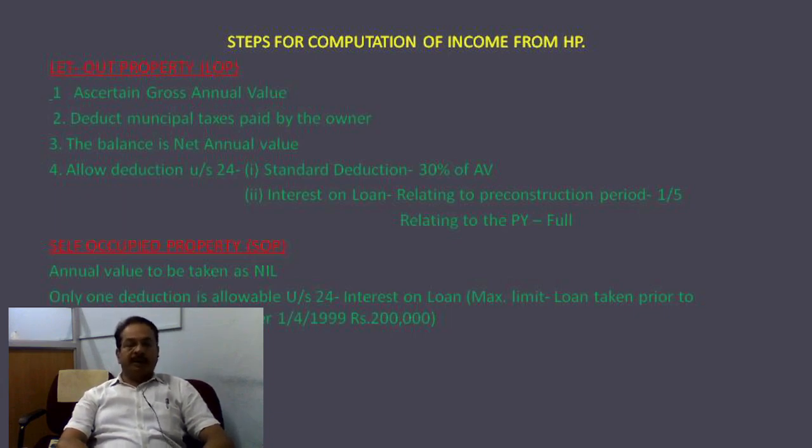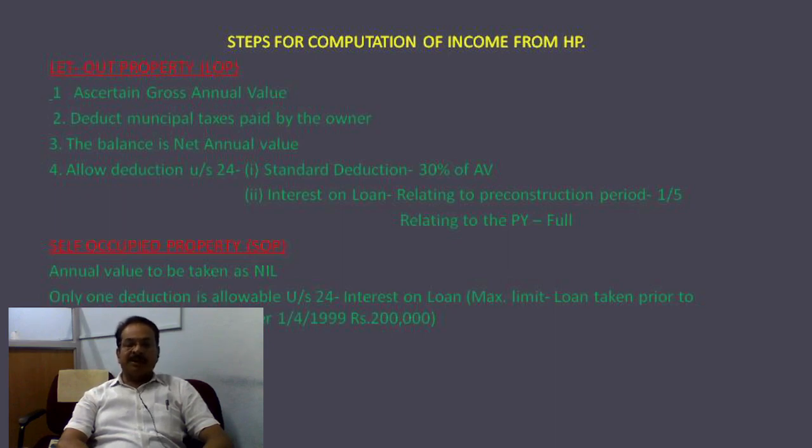The fourth step is to allow deductions under section 24. Only two deductions are allowable under section 24. Number one is standard deduction equivalent to 30% of annual value. Number two is interest on loan. Interest relating to the pre-construction period is to be deducted in 5 equal installments.